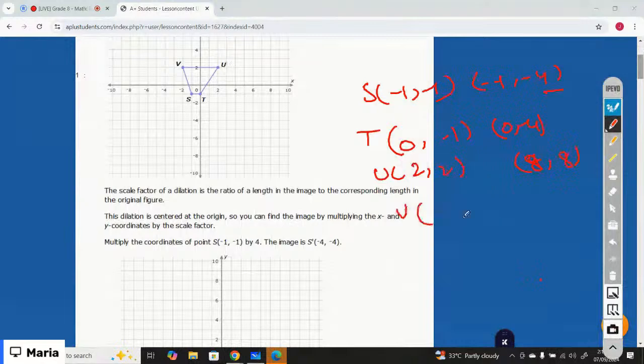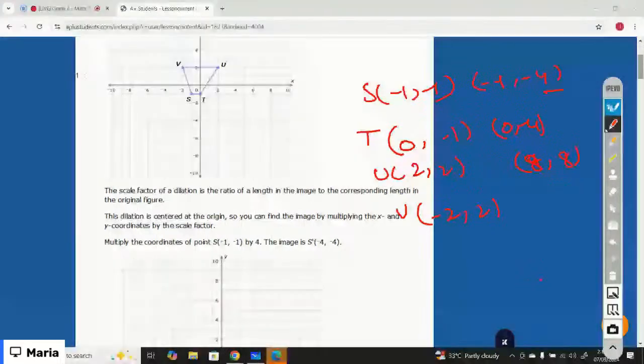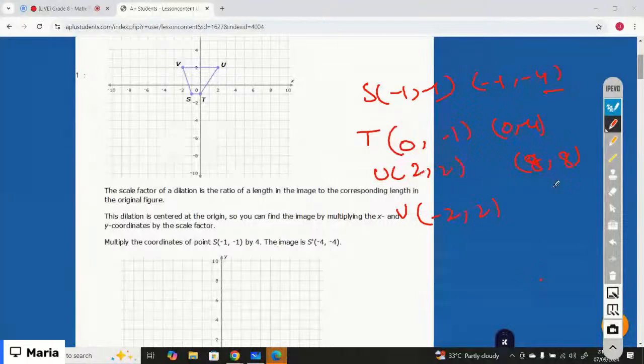And V is negative 2 and 2. They become negative 8 and 8, right?